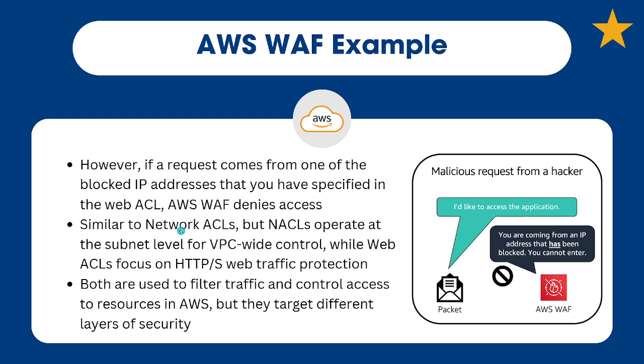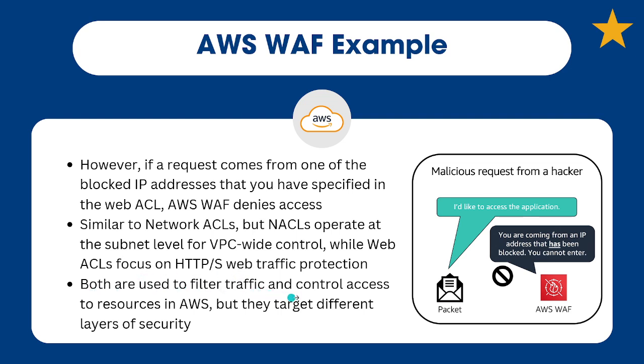Again, similar to a network ACL, but it's at a different level, right? So network ACLs or NACLs operate at the subnet level. Remember, that was a partition of your VPC, while web ACLs try to focus on specific web traffic protection, so to a particular domain name or a particular service that you're running.